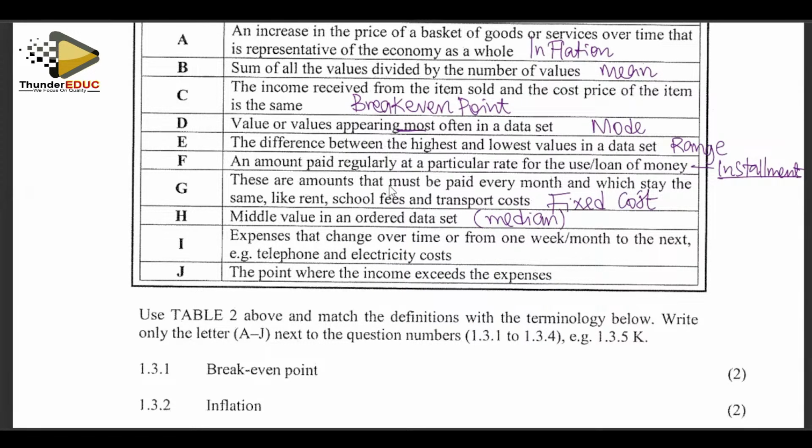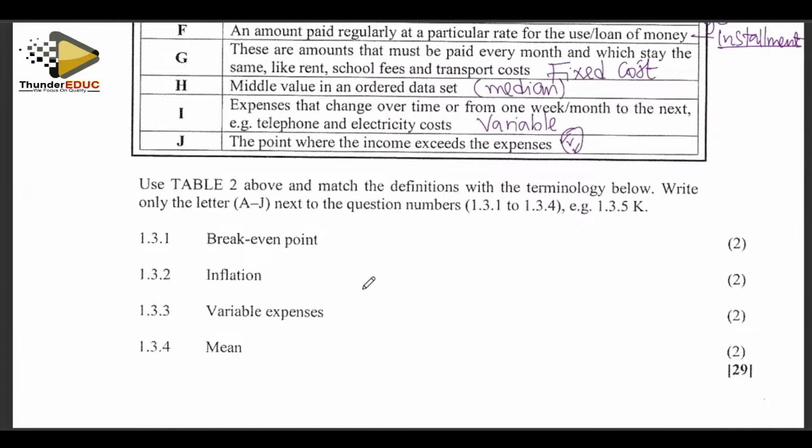Expenses that change over time. These ones are variable costs. Variable costs, they keep changing. And the point where income exceeds expenses. This one could also be in there, but anyway, it's fine. Where income exceeds expenses.